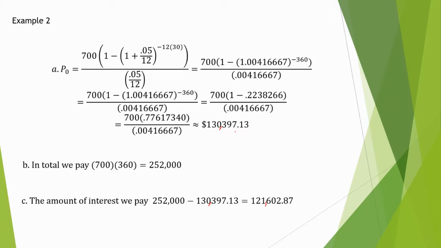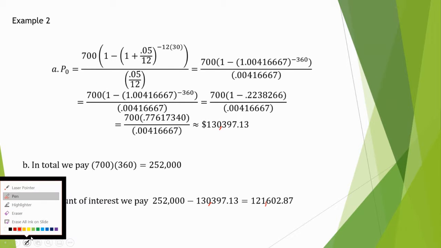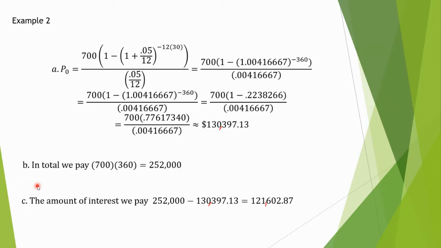That's what we get here. So that is the largest loan we can get. Basically, we're trying to see what P0 is, right? That's the loan amount. Okay. So it's $130,397.13.